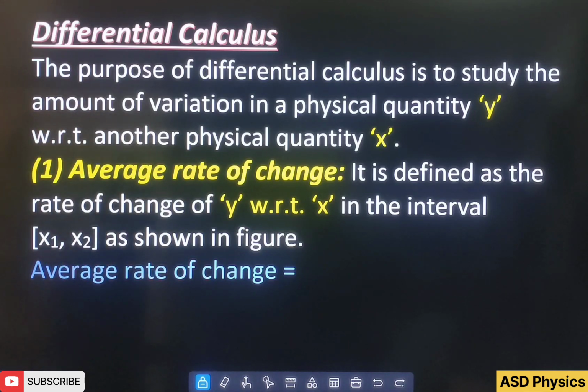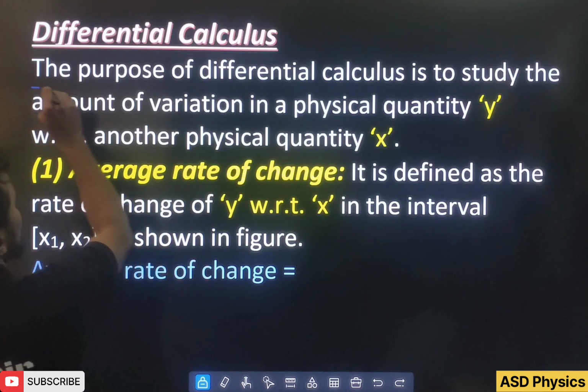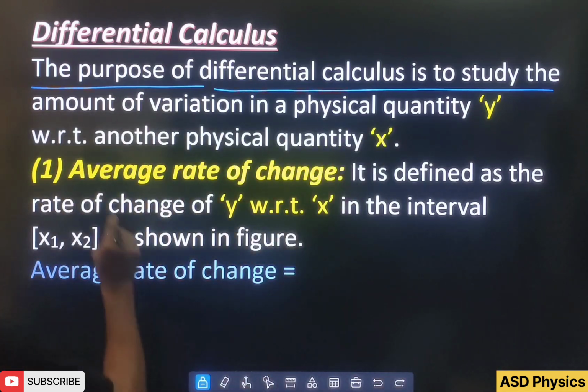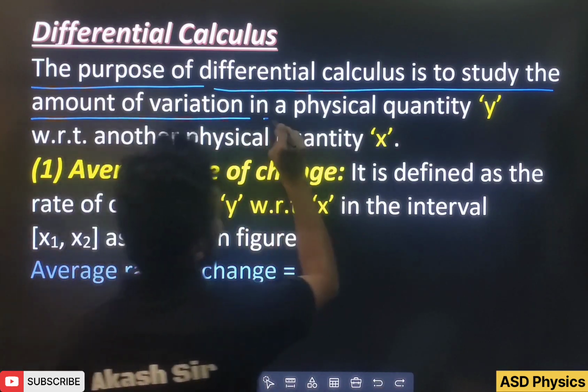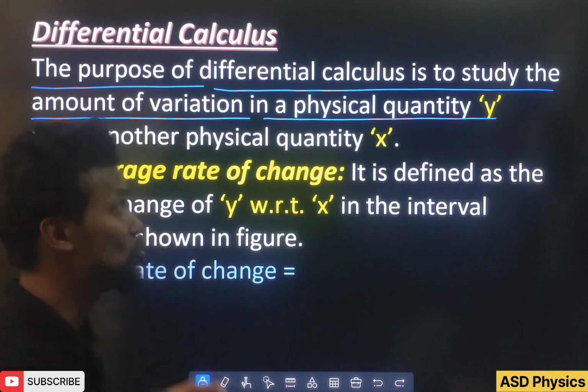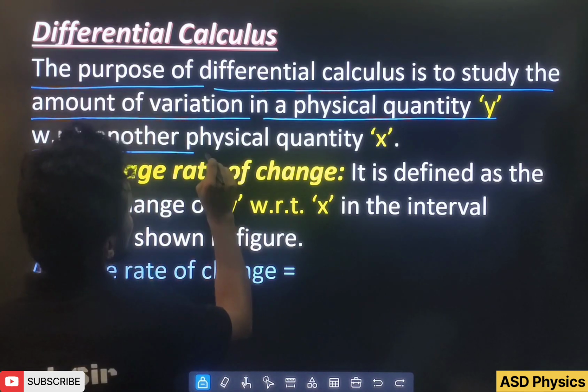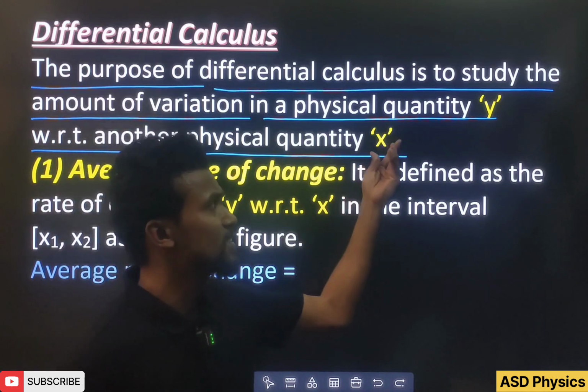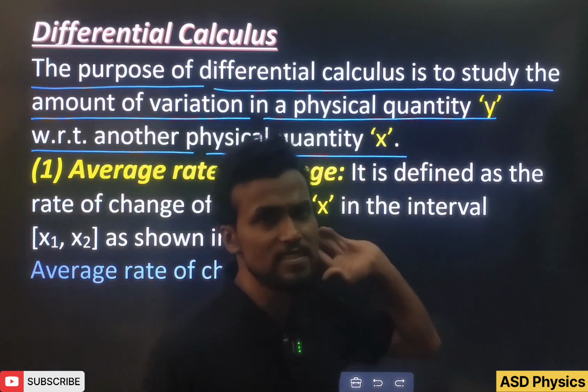See here, the purpose of differential calculus is to study the amount of variation in a physical quantity y with respect to another physical quantity x. As I have told you, x is the independent and y is the dependent quantity.